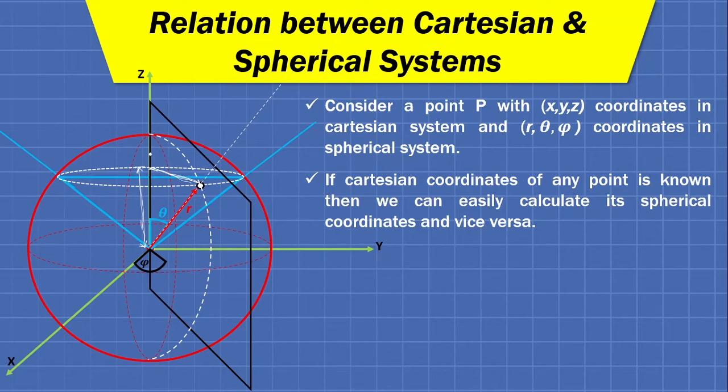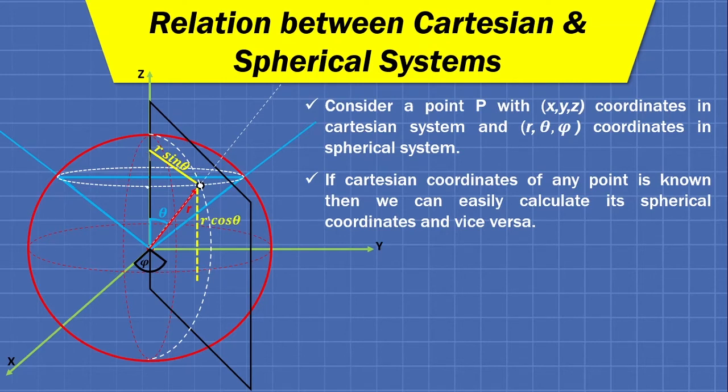So obviously this length will be modulus of r sin theta. So let us represent in a proper way. So this length will be r sin theta. This is simple trigonometry. Fine. And this length will be r cos theta.